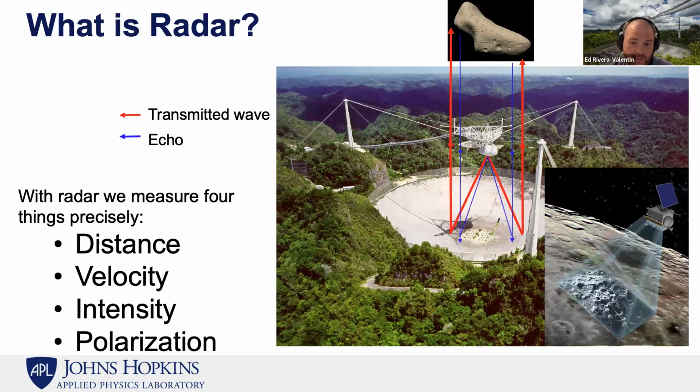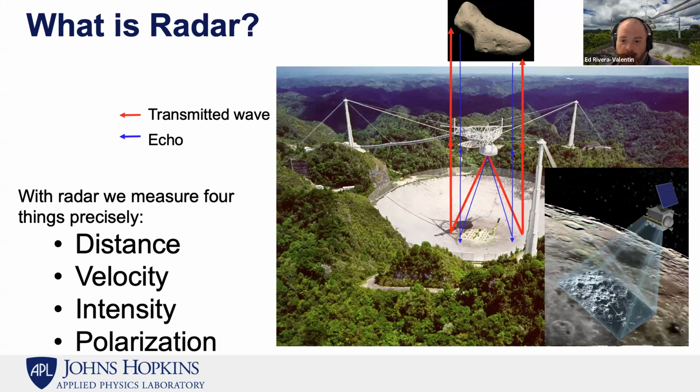Because radar is an active type of observing mode, we can do ultra precise measurements because we know exactly what we're transmitting. Generally when I give a radar talk to the public, I say, in astronomy, you go outside, you pull out a telescope and you wait for a stray photon of the universe that has traveled the cosmos and the vastness of the void to finally make it through our atmosphere, hit your telescope, go into your eye, and for your brain to translate that photon into something that goes, ooh, shiny.